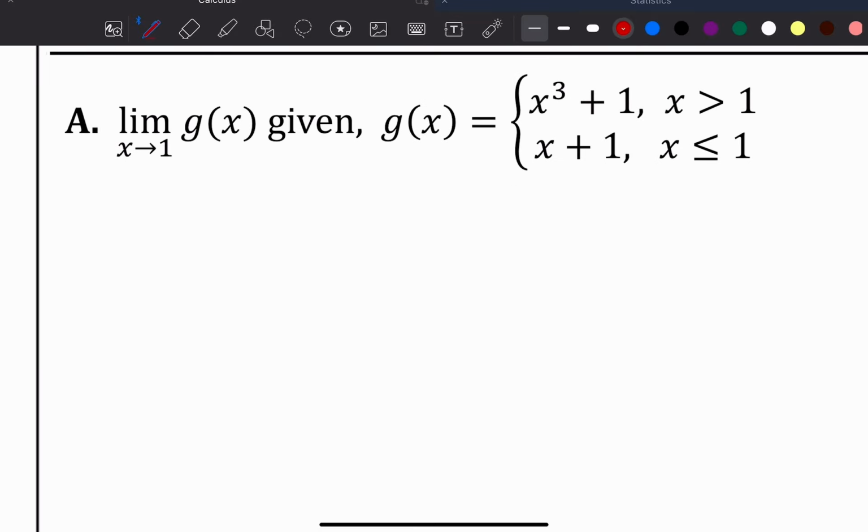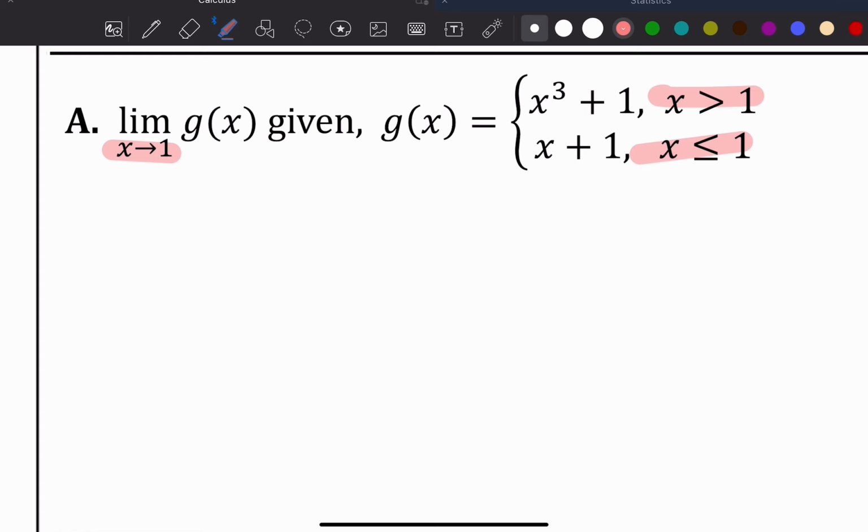Now in this next one, it says, let's assume that your function is now a piecewise function. Remember, a piecewise function is a function broken up into pieces with different domains. So let's say it wants us to find the limit of g of x as x approaches 1. Well, we have to look at the domains of the function and see where 1 fits in the domain.